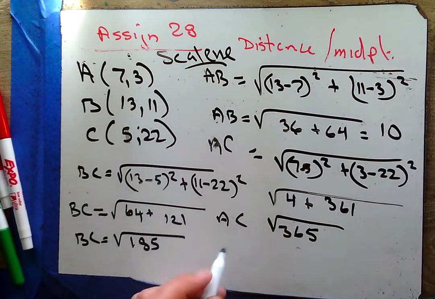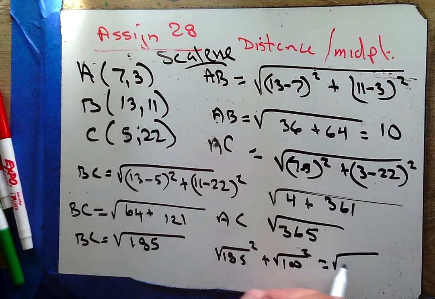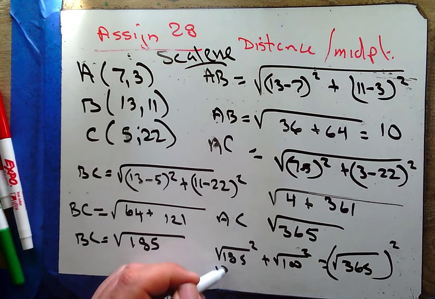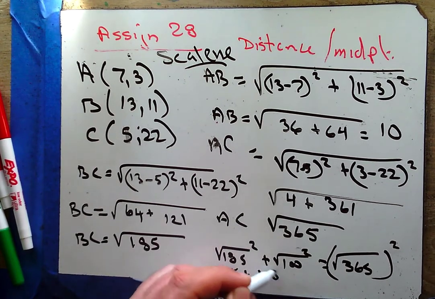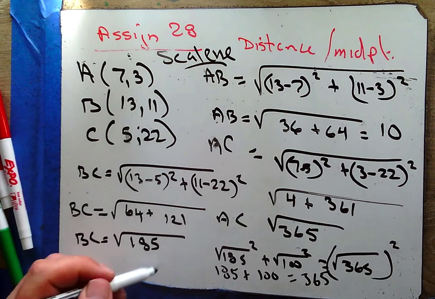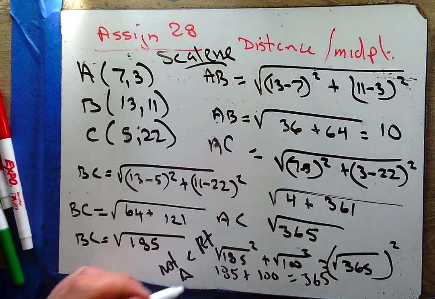So let's set them up in the Pythagorean theorem. Square root of 185 squared plus square root of 100 squared equals square root of 365 squared. So I end up with 185 plus 100 equals 365. 285 does not equal 365, so this is not a right triangle.